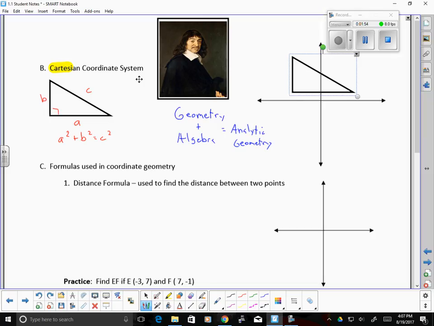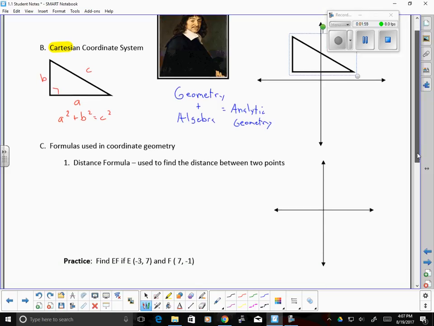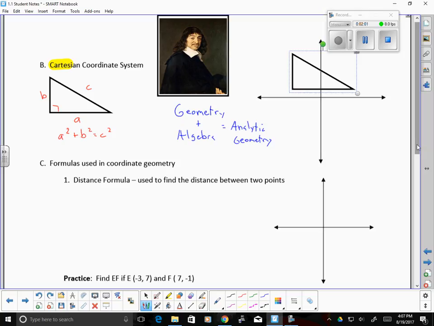So we can do things like the distance formula, which is a less than 400 years old updated version of the Pythagorean theorem.